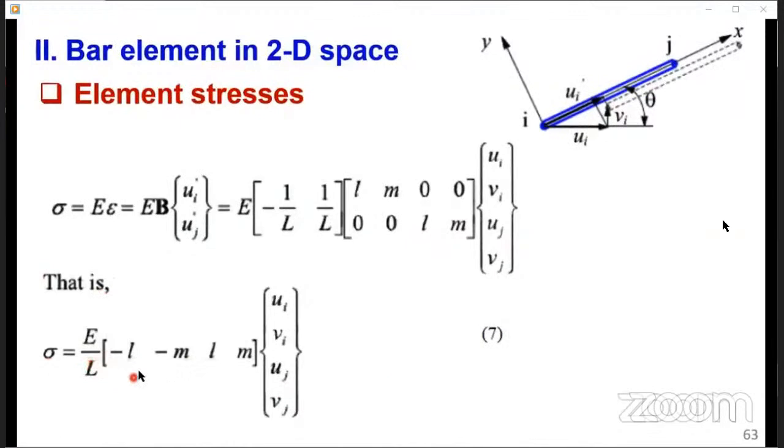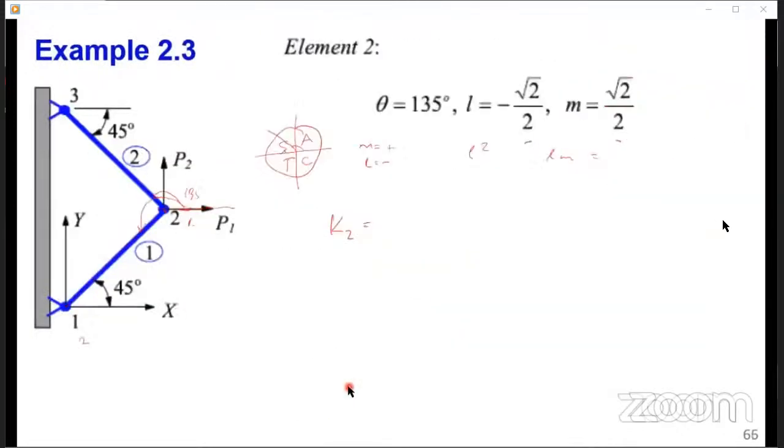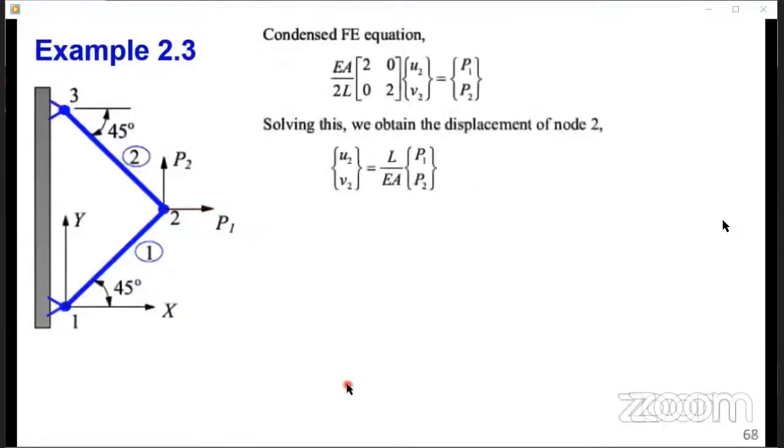So you just need to substitute this, taking note of the direction cosines, the L's and the M's, and the signs. You have derived U. Let's say you have 2 elements, element 1 and element 2. So the U for element 1 will be U1, U2.